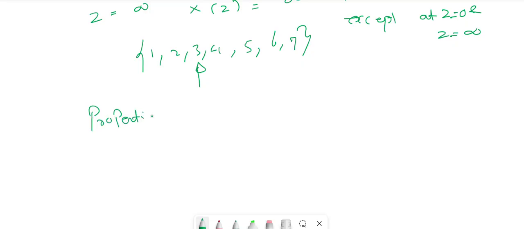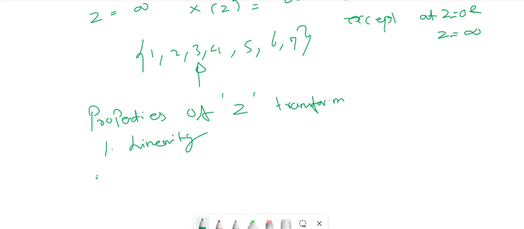Next we will discuss the properties of Z transform. Here I am not going to discuss all the properties of Z transform. You can refer to the prescribed textbook for all the proofs. The properties I list out here: linearity property, time shifting property.